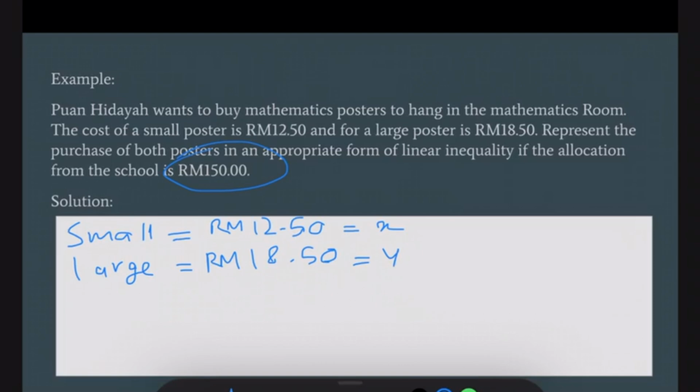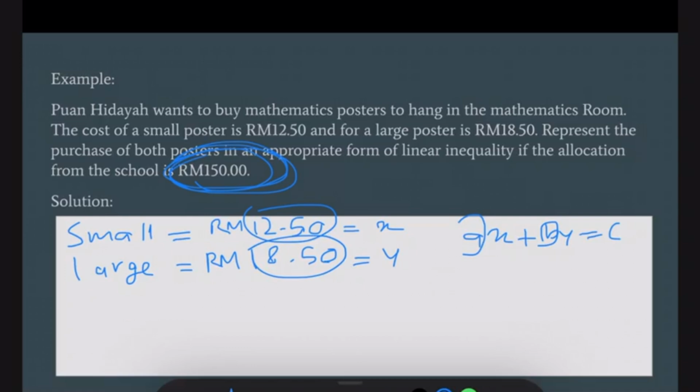In order to do this, we need to apply ax plus by equal to c. C is the value 150, while a is the value that we have just now, 12 ringgit 50 cents, and b is 18 ringgit 50 cents for the large poster.